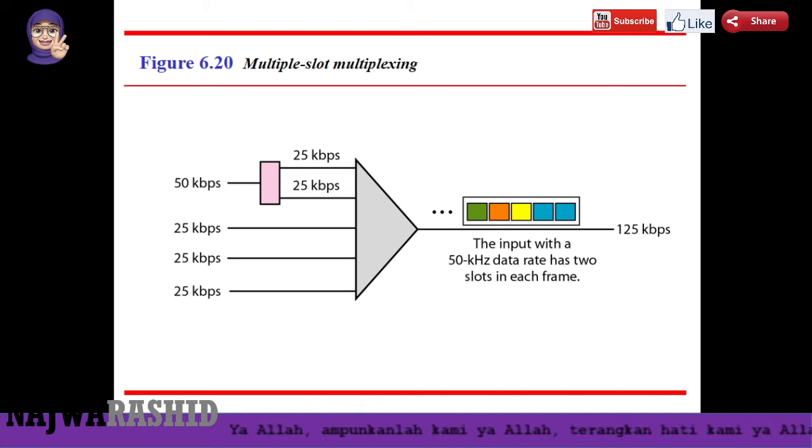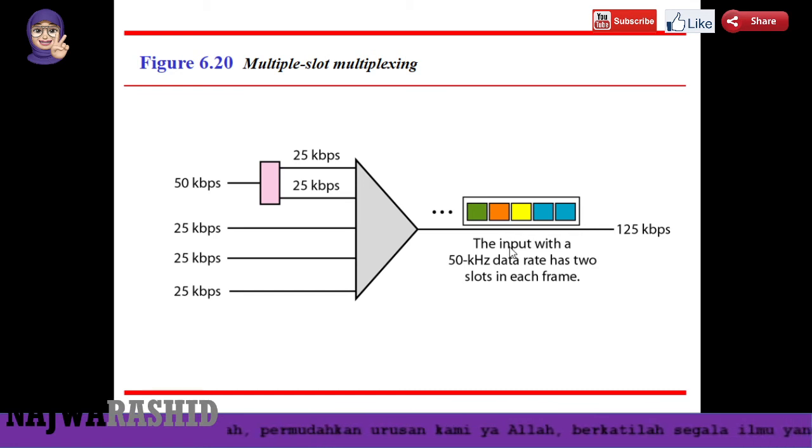Okay, the next one, multiple slot multiplexing. We have several channels, 3 of them using 25 kilobit per second data rate, and one channel has 50 kilobit per second. So we have different data rates. What we can do is use multiple slot multiplexing. At this part, we separate the 50 kilobit per second into 25 kilobit per second.